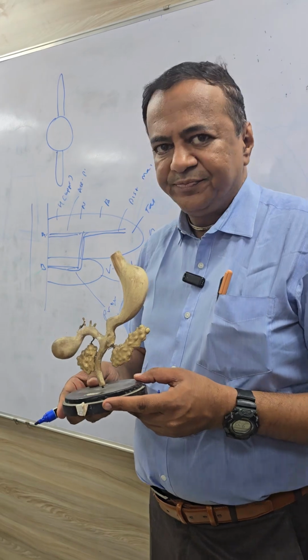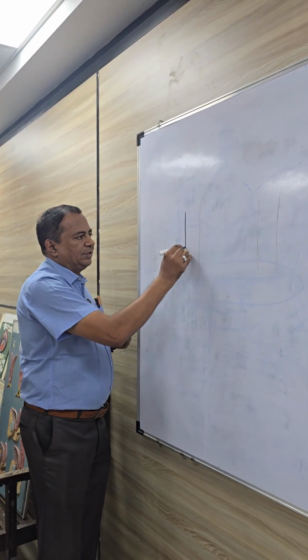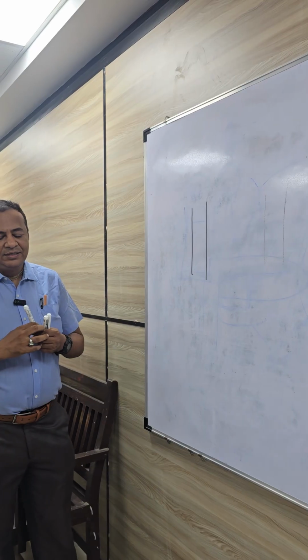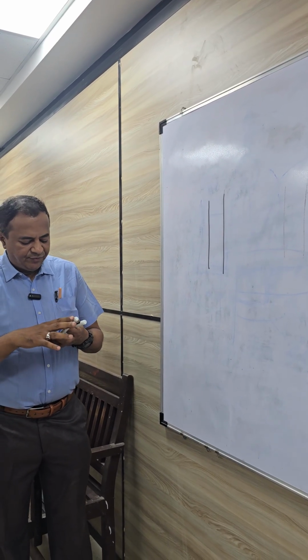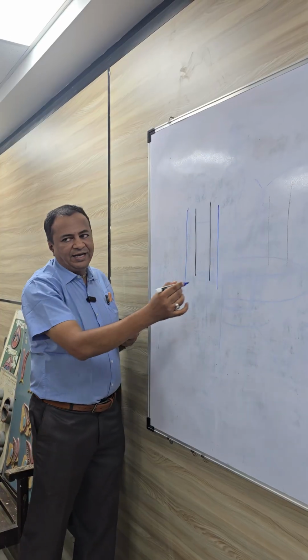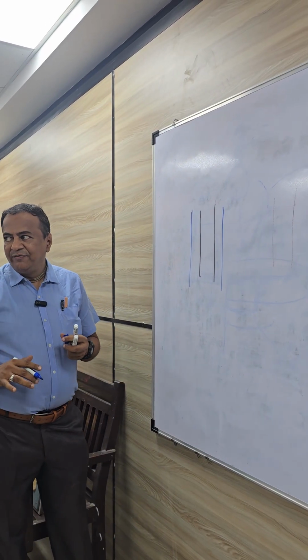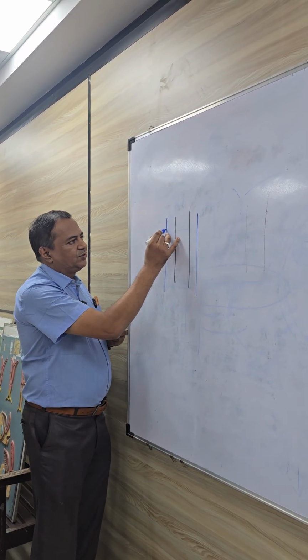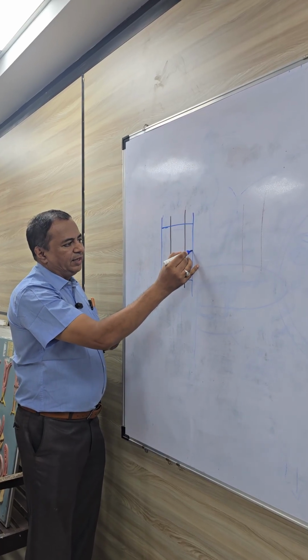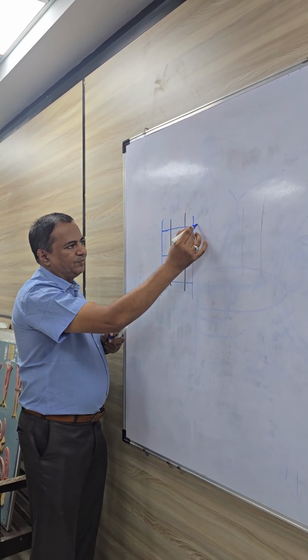Thank you so much. So this is the developing gut, the junction between the foregut and midgut. These are the two vitelline veins from which the portal vein develops. There are two ventral anastomoses, upper and lower, and the middle one is dorsal.